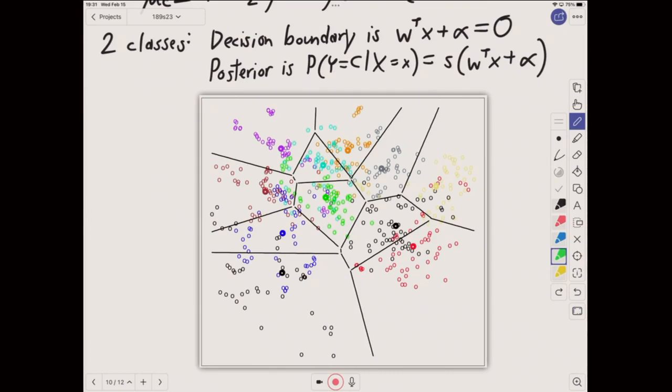When you're trying to validate your model, what the loss function does is it essentially changes which isocontour we're going to use as our decision boundary.